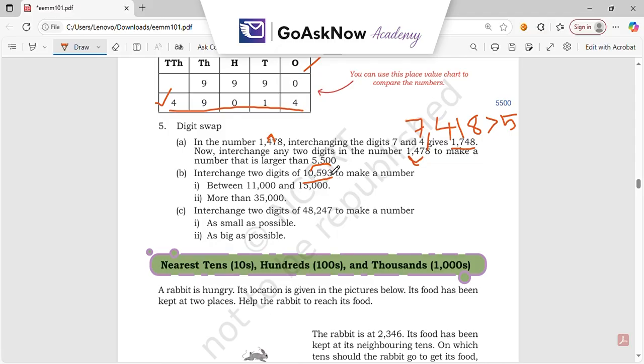Exchanging 0 and 3, we will get 13,593, which is between 11,000 and 15,000. This is the answer.